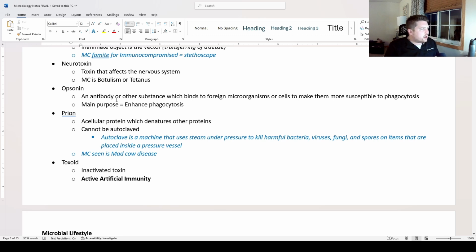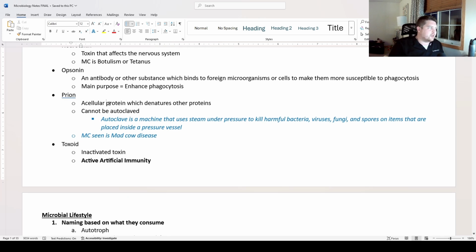A prion is actually a type of protein which breaks down and destroys other proteins. It's a type of disease. Mad cow disease is an example of one that's from prions. They're basically just these proteins that get in and cause absolutely horrible things to happen. Prions, we'll talk about them specifically later on.